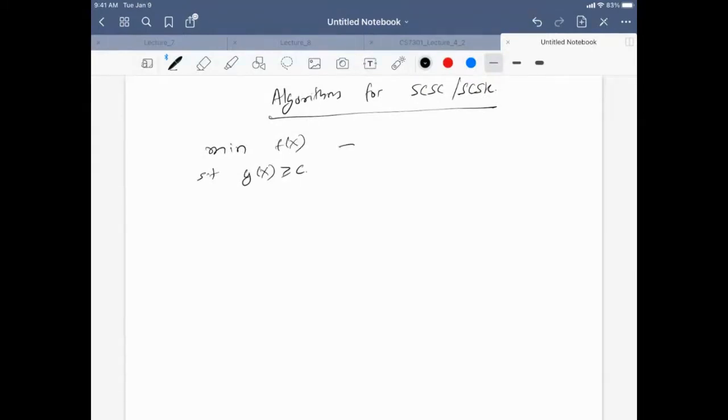You can convert this into a problem as follows, where you minimize the modular upper bound of x, which is tight at some xt, and you can do this in an iterative manner. That's why it's majorization minimization. Subject to g of x greater than or equal to c.